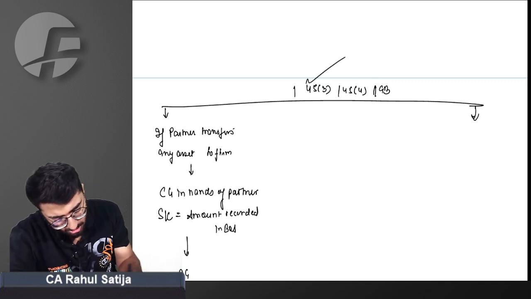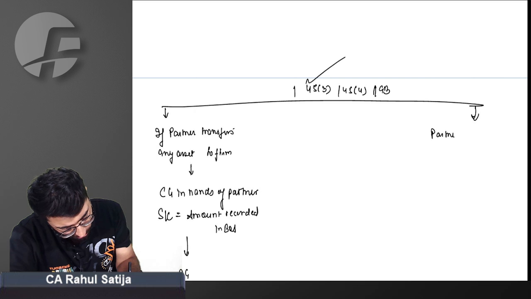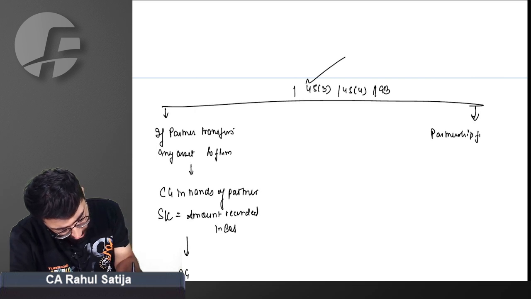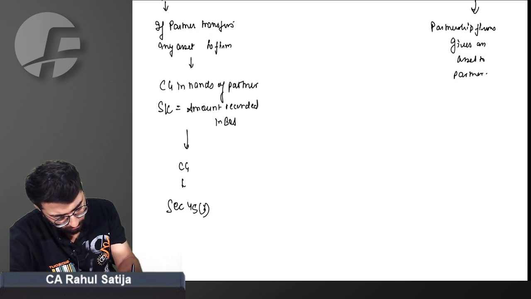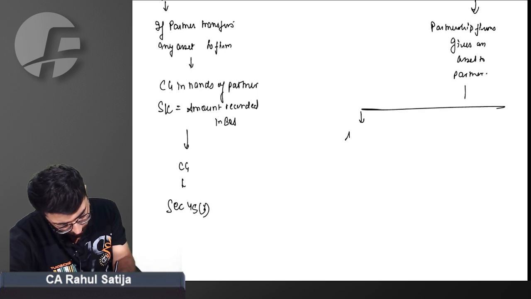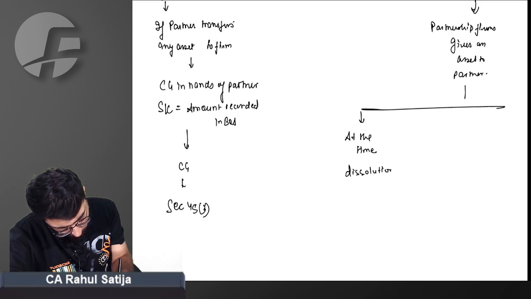Now let us assume a partnership firm gives an asset to a partner at the time of dissolution, or at the time of reconstitution.